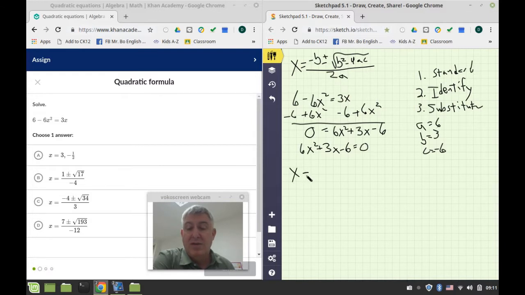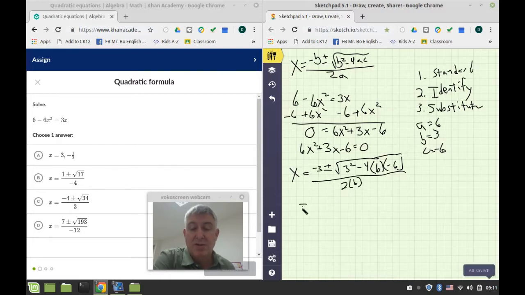We're going to have x equals -b, so -3 plus or minus the square root of 3 squared minus 4 times 6 times -6, all over 2 times 6.